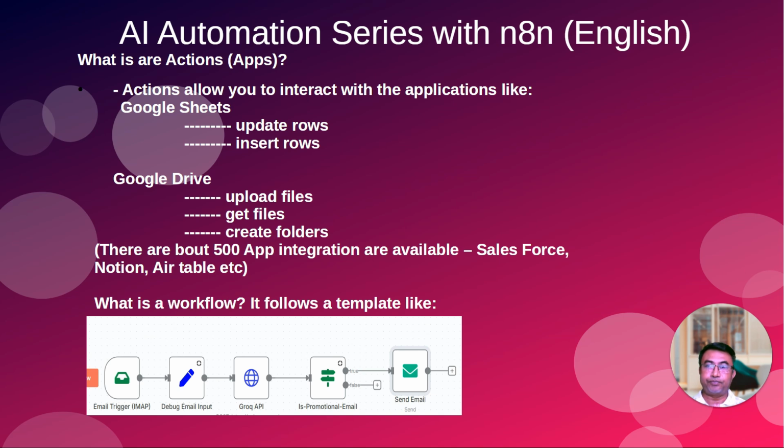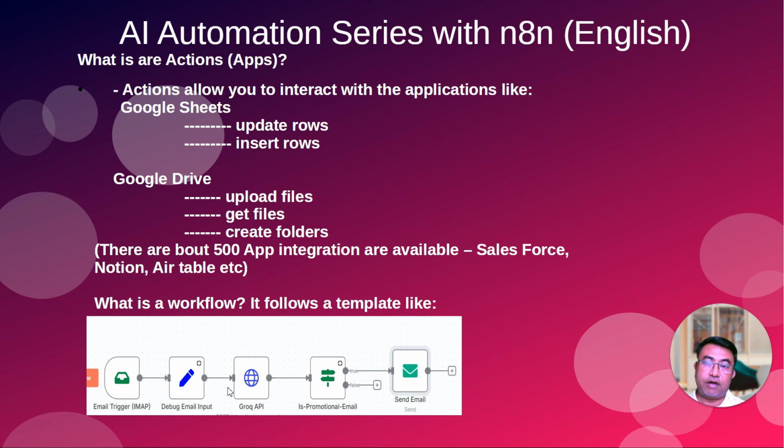Next, what is a workflow? This is a workflow example. See, it follows a template-like structure, right? First one will be the trigger, then next I put set conditions here for the email inputs.